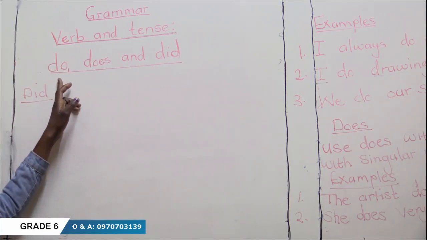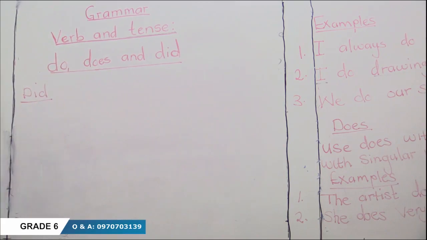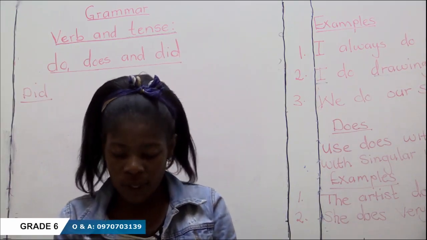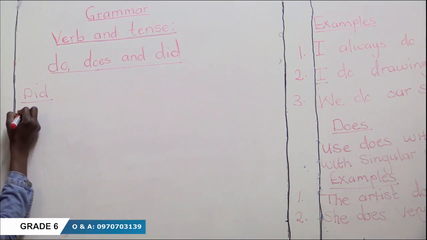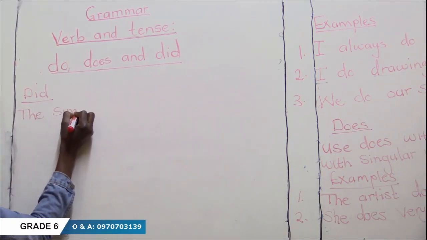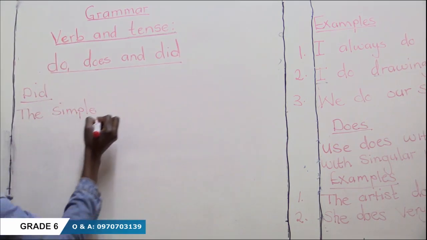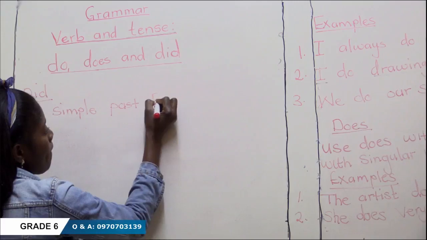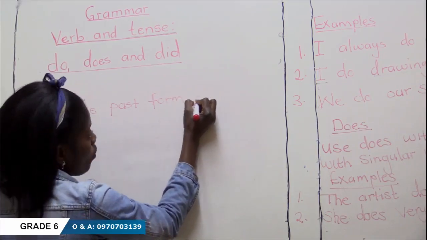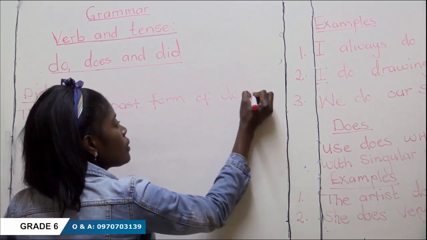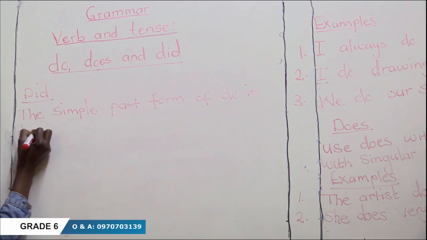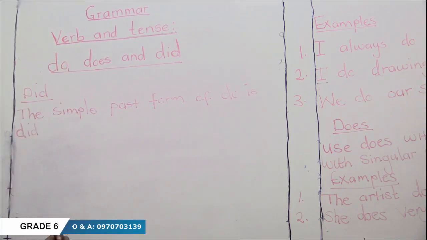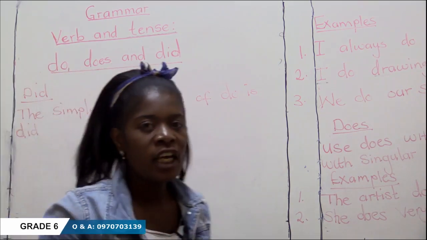The simple past tense of do is did. I did, meaning it's past.